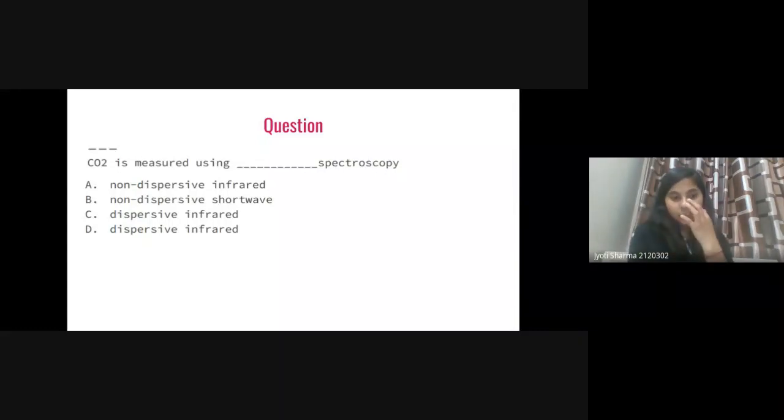Then how much it absorbs will decide the concentration of the carbon dioxide. So the non-dispersive infrared spectroscopy will measure the carbon dioxide. So A is the right answer.